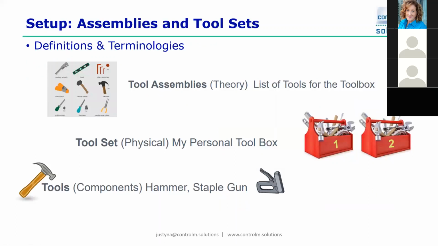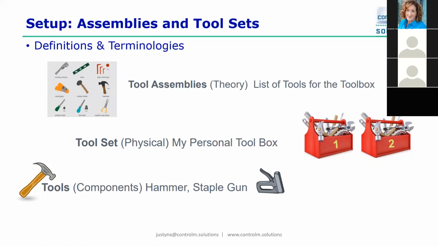Before we head over to the actual setup in Plex, it is important that we go over some prerequisites. In this slide, I show some basic definitions and terminologies of Plex. To be quite honest, just don't tell Veronica, I did actually steal this picture from her. So, tool assemblies. Tool assemblies are links between tools, tool sets, and production.